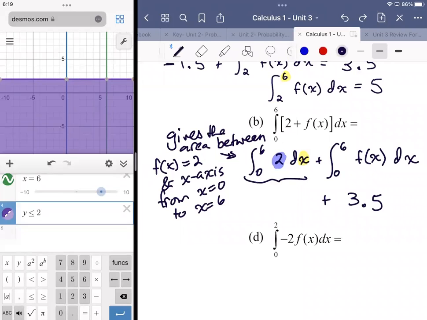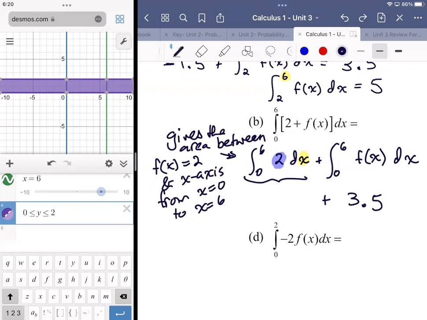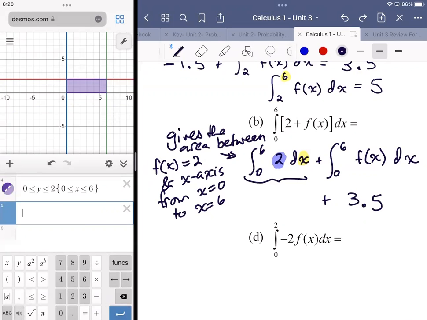I'll do the shading actually between 0 and 2. So that's only that strip, but only between 0 and 6. All right, so that integral is telling you to find this area.